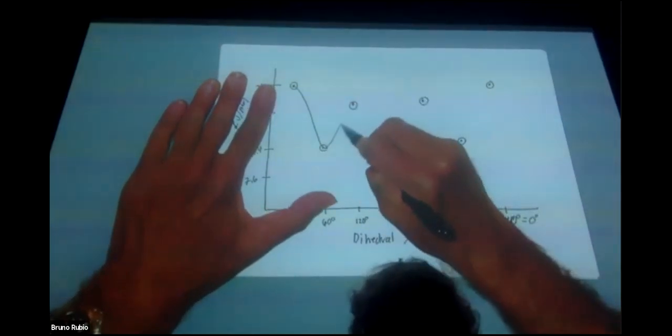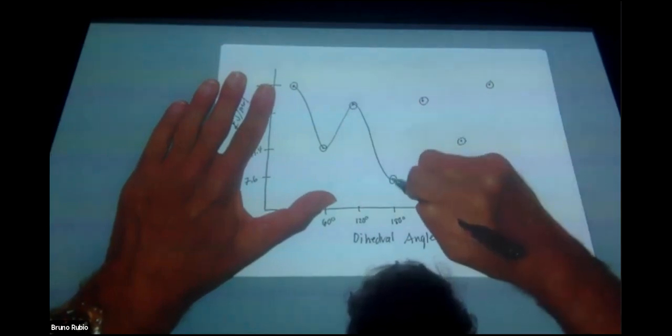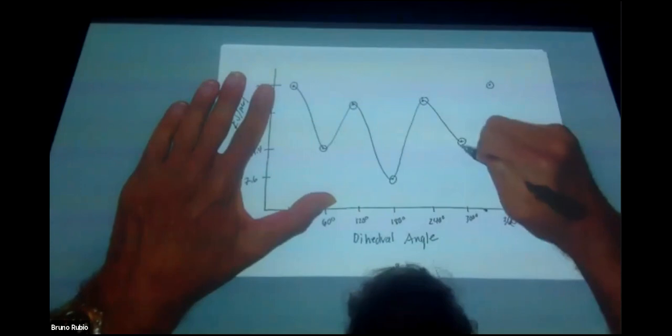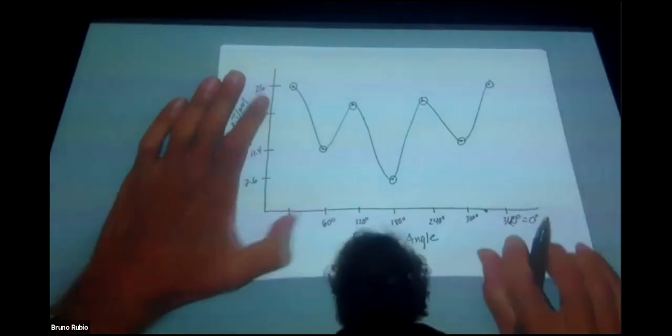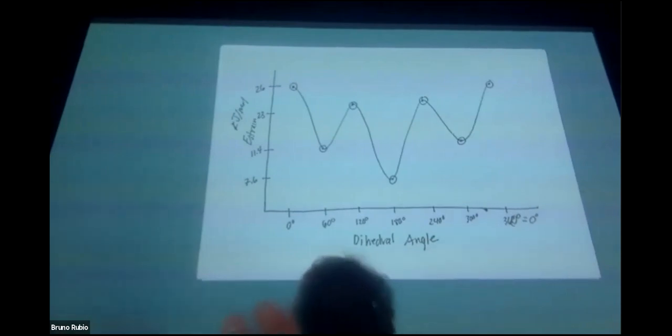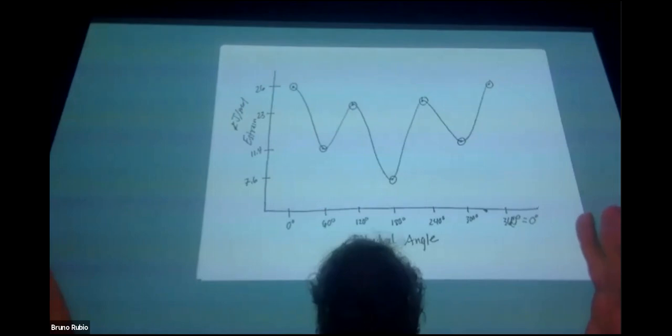And what this curve is showing you is how the energy of the molecule is changing, going up and down as that carbon-carbon single bond rotates. It's a landscape of hills and valleys.